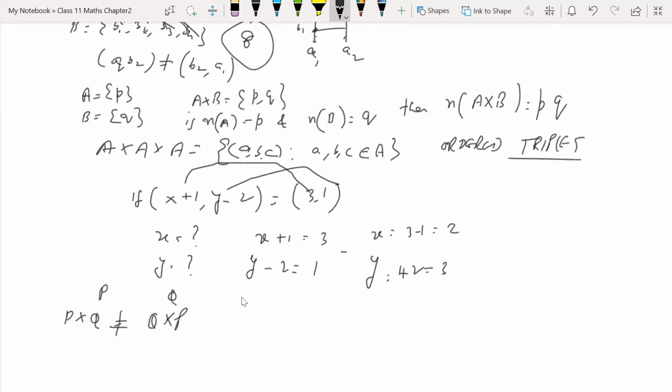Like I have told earlier in this chapter, AB is not equal to BA because order must be the same. So hence the Cartesian product of PQ and QP are not equal to each other. The number of elements in each set will be the same, but their corresponding elements are not the same.